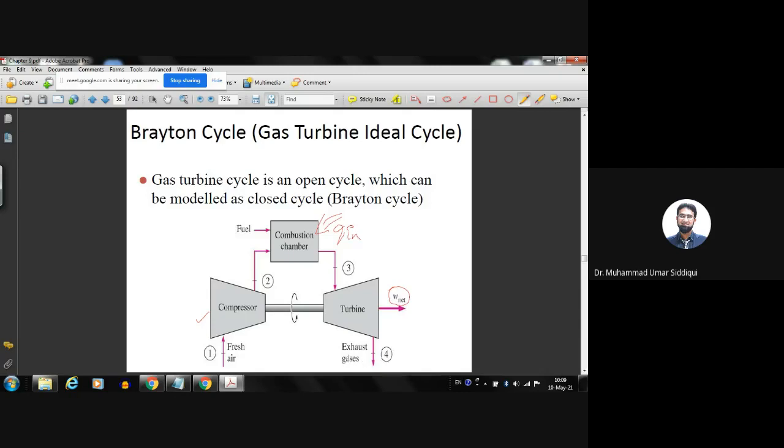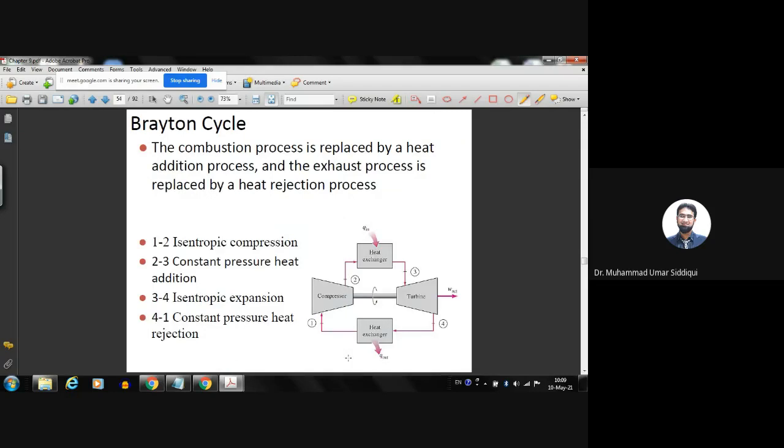This is the actual cycle. In the idealized condition, we replace the combustion and the heat rejection process by heat exchangers.